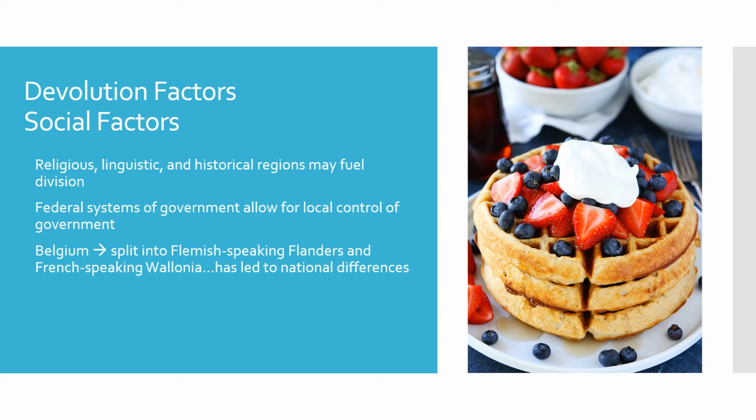Social factors, the economics, the physical geography, the ethnic separatism, which kind of is a carryover from the social, and also terrorism. All these things can play as reasons why devolution occurs. And then always good, maybe if you have it, to have an example to illustrate your point.